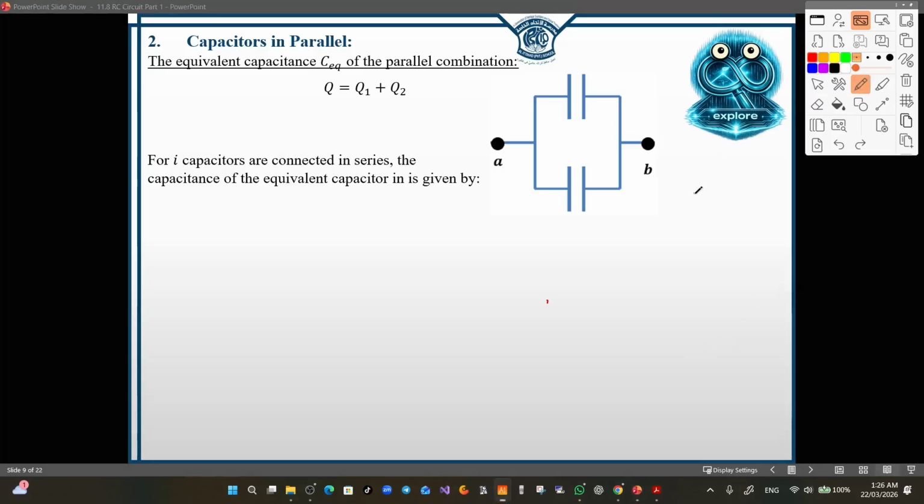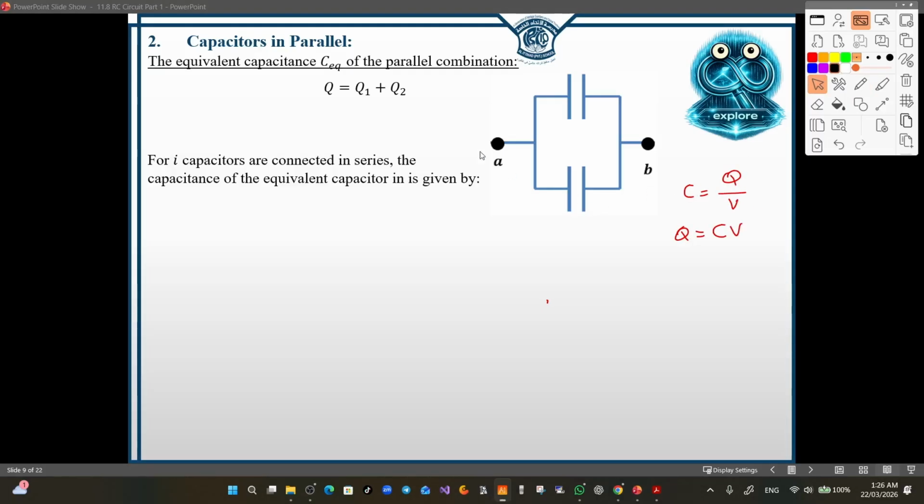Now we can write C equals Q over V, which means Q is equal to C times V. So Q here represents the charge in the equivalent, Q1 the charge in the first capacitor, and Q2 the charge in the second capacitor. And Q equals CV, which is equal to C1V plus C2V. And I use the same letter V on the left-hand side and right-hand side because the same potential difference will be applied on the parallel combination as well as on the equivalent.